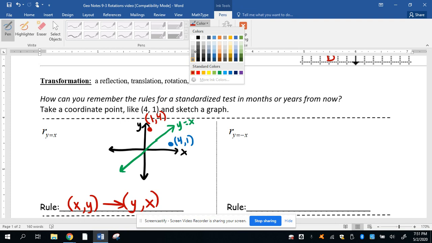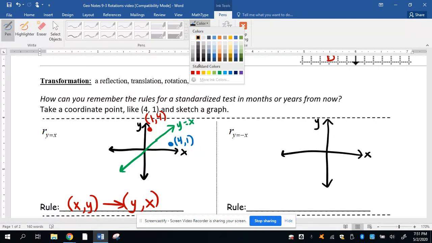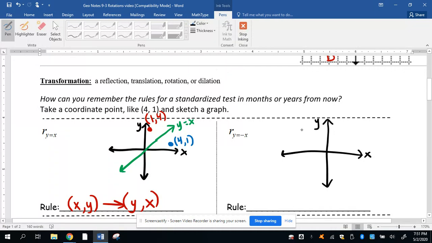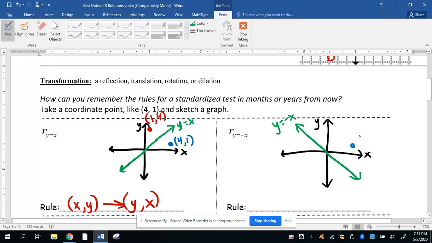Let's try another rule. I want to find the rule for a reflection over the line y equals -x. So now I'm going to draw the line y equals -x, just a sketch. And I'm going to find a point that's over a lot, up a little. How about just the point 4, 1?